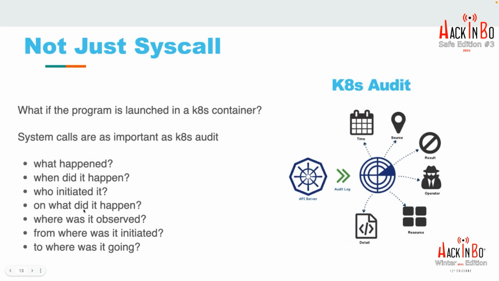As we said before, Falco isn't just all about syscalls, Falco can also receive and use Kubernetes audit logs. And the truth is that syscalls are as important as Kubernetes audit logs, since we can answer different questions like what happened in a Kubernetes cluster, who initiated an attack, or when it started, and so on.